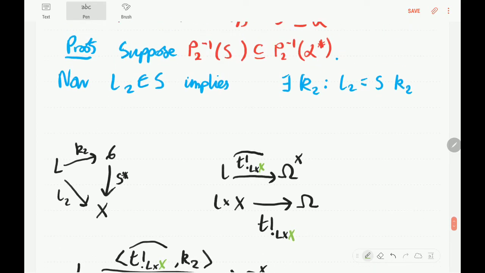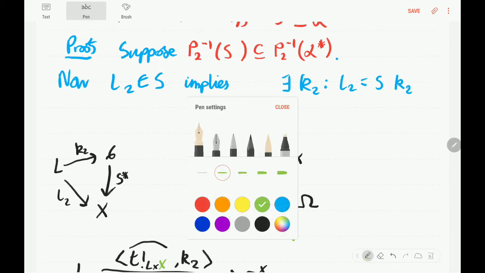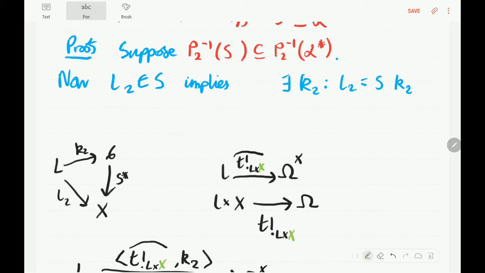So, as I was saying, we basically just want any arrow from L to omega to the power of x. And a way we can make such an arrow is we can consider true after exclamation mark L times x.